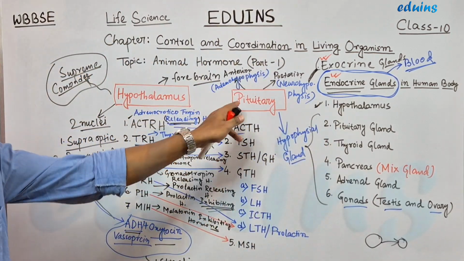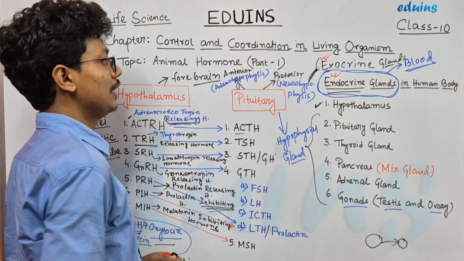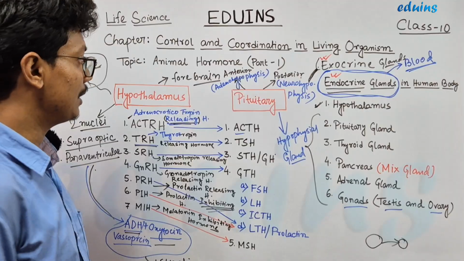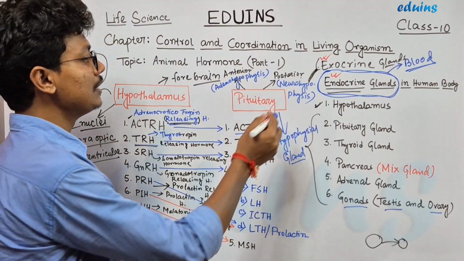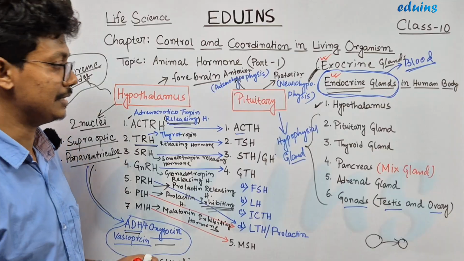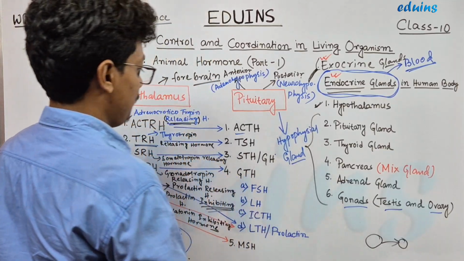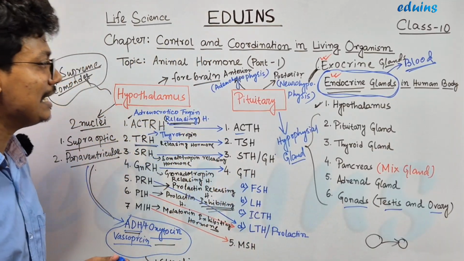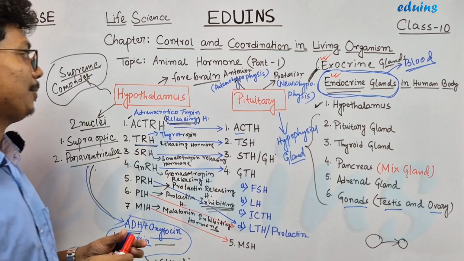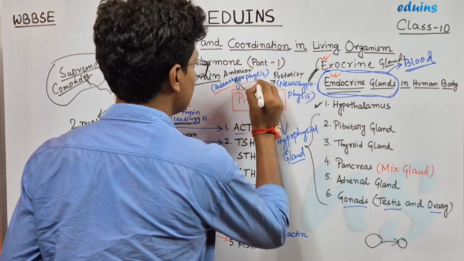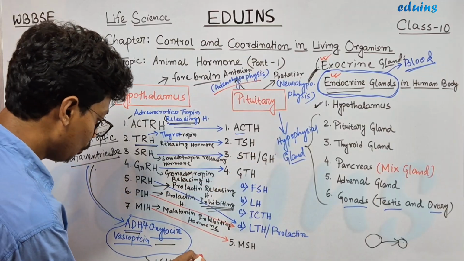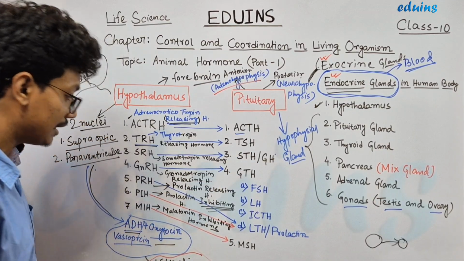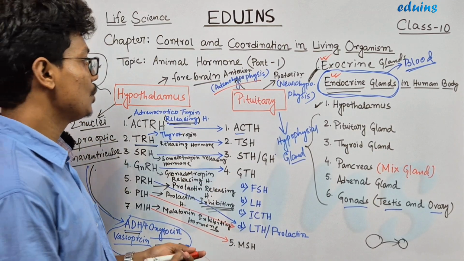The hormones are mainly released from the adenohypophysis or anterior lobe. The posterior lobe actually stores the hormones which are secreted from the hypothalamus.